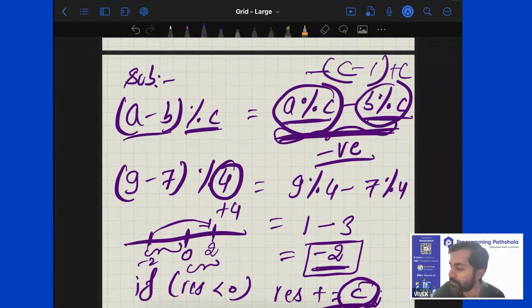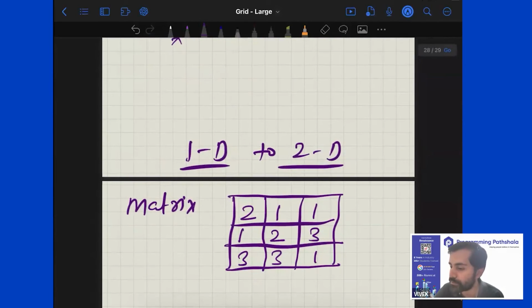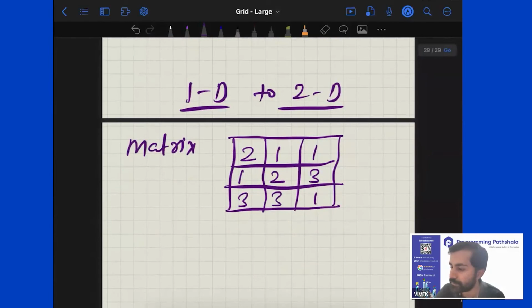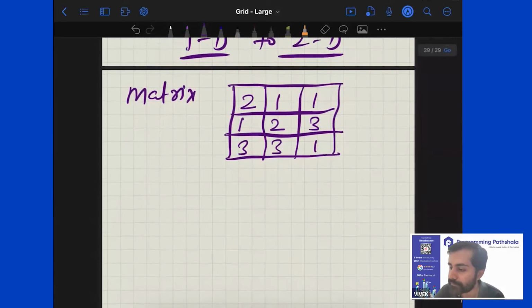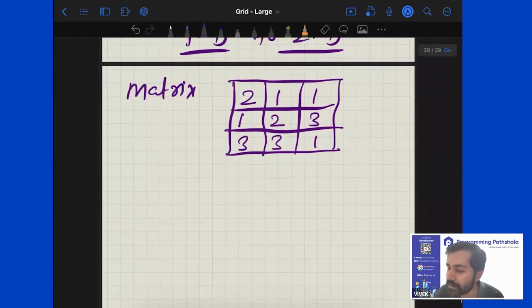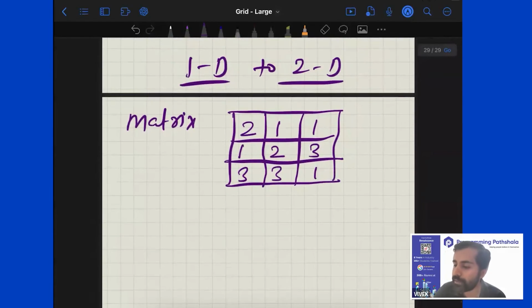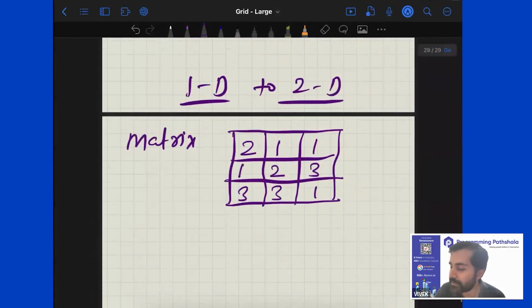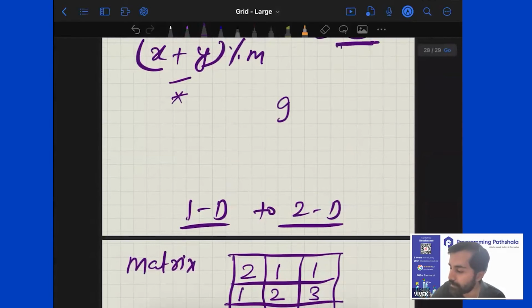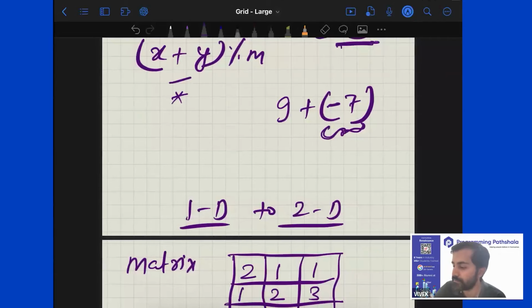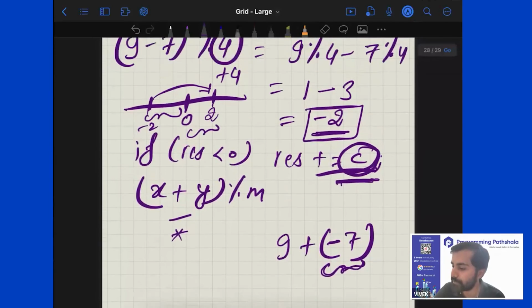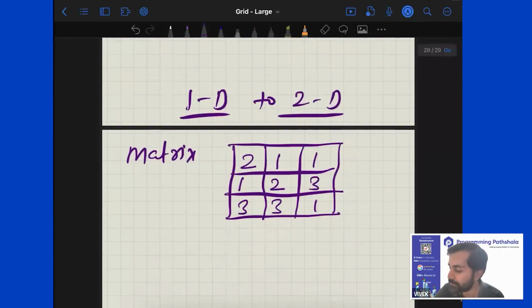So if you add C to it, it will be thrown to 1. So automatically it pushes it towards the right side of the number. Whether you write it like 9 plus minus 7, it's the same thing. You have to deal with this negative thing again, right? How do you deal with this negative thing? So, yeah, exactly, you can follow that.